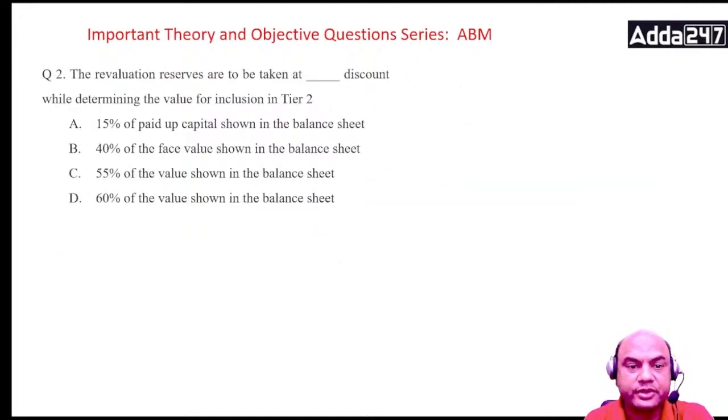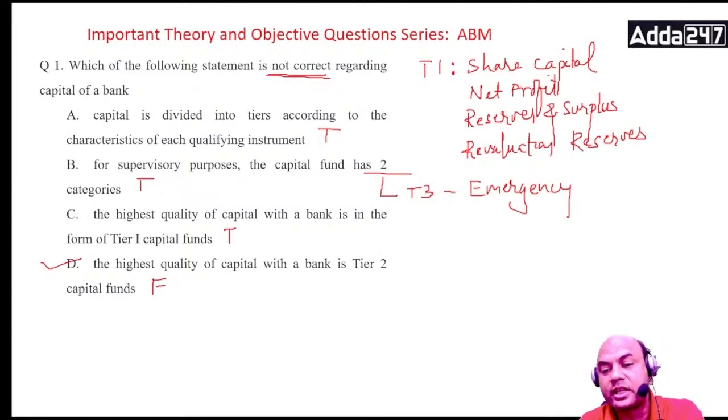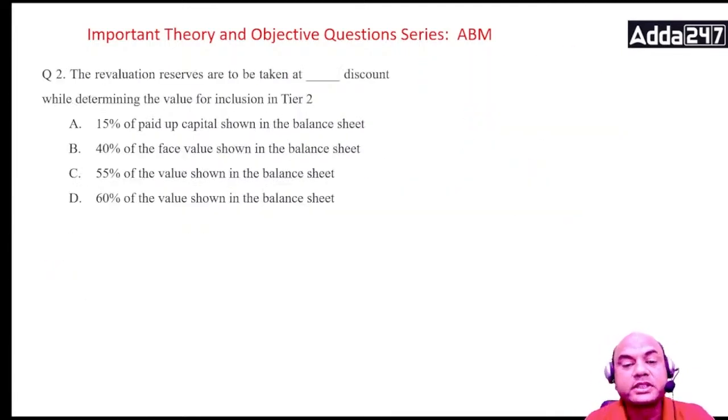Next one. The revaluation reserves are to be taken at dash percent discount while determining the inclusion in Tier 2. Just now I told you revaluation reserves are a part of Tier 1. Earlier it was in Tier 2, but RBI has clarified that it should be included in Tier 1.